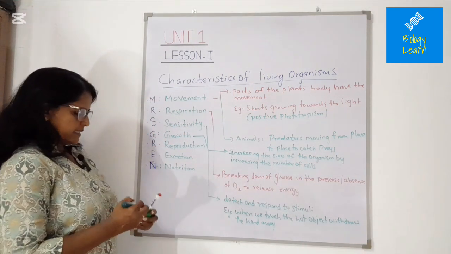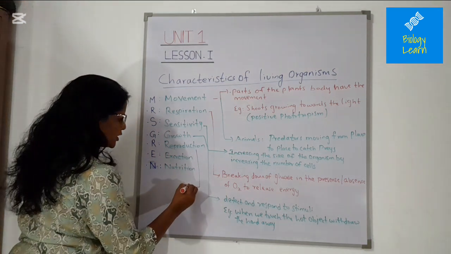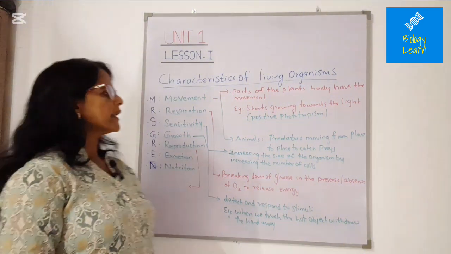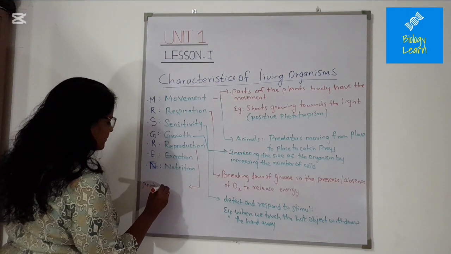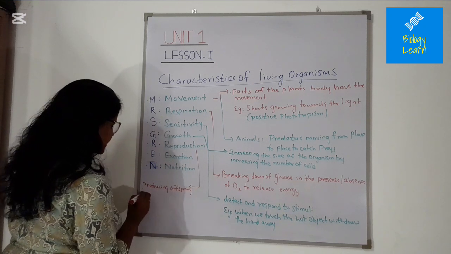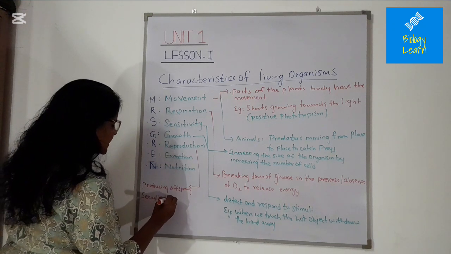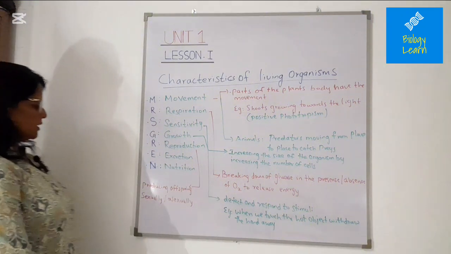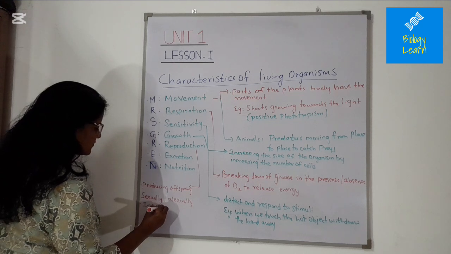The next characteristic is reproduction. Reproduction is producing new offspring sexually or asexually, that leads to an increase in the population size.